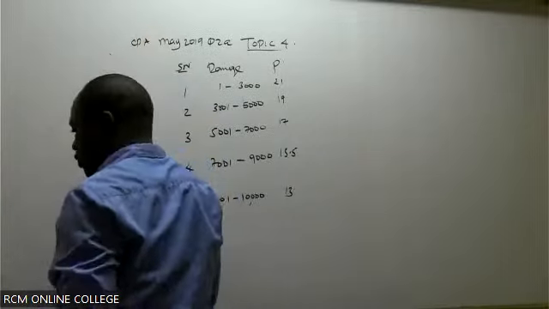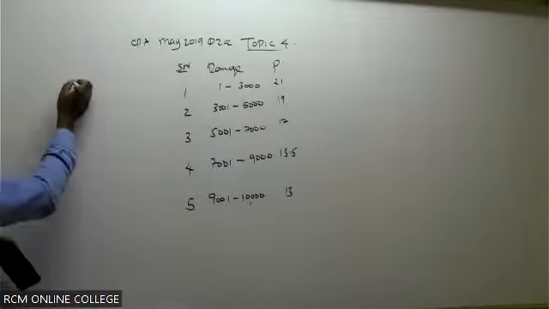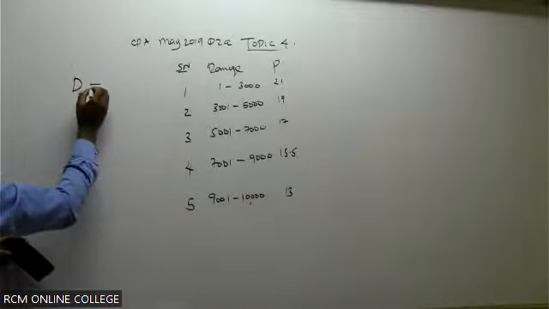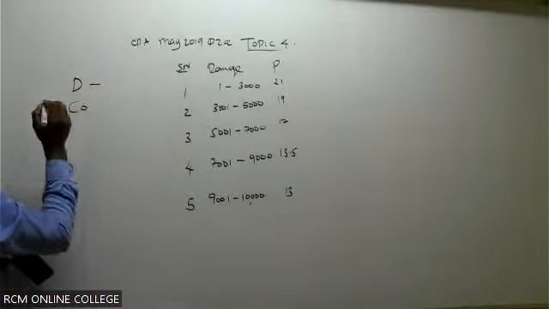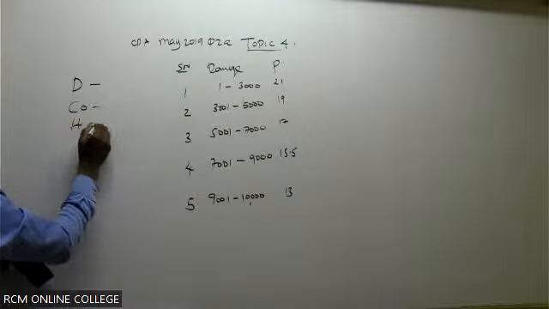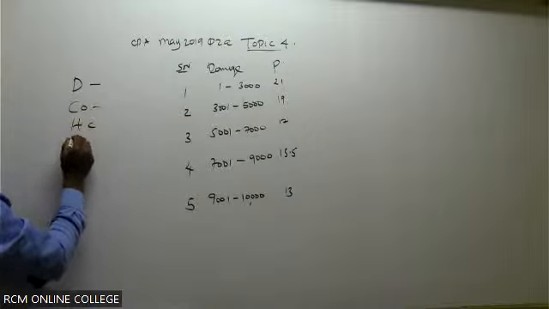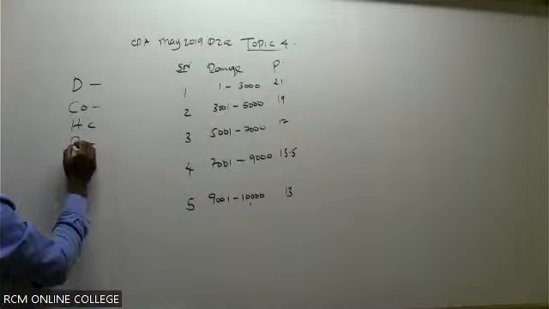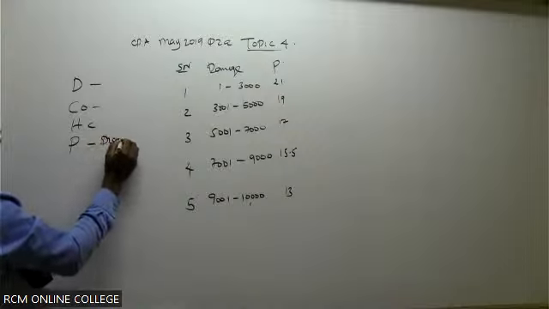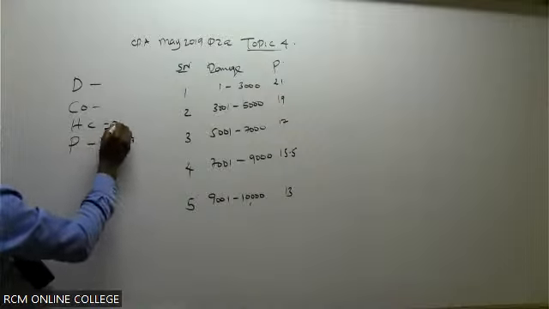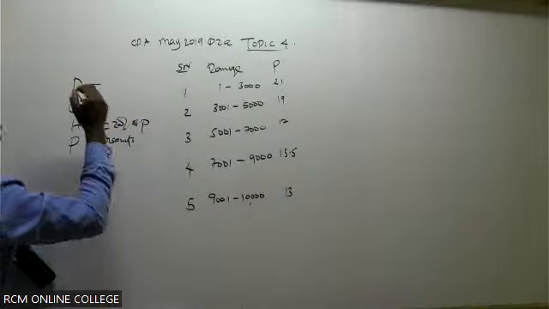So I want us to list those items that we've been given. Do we have demand? Do we have ordering cost? Do we have holding cost? Do we have purchase price? So purchase price here, of course, discounts, 20% of purchase price.